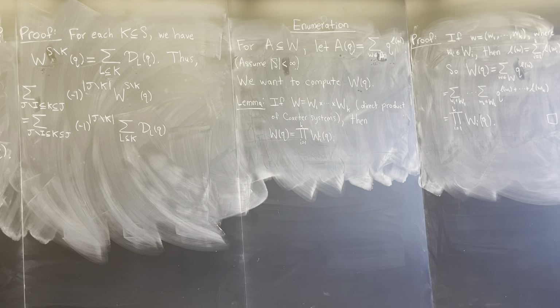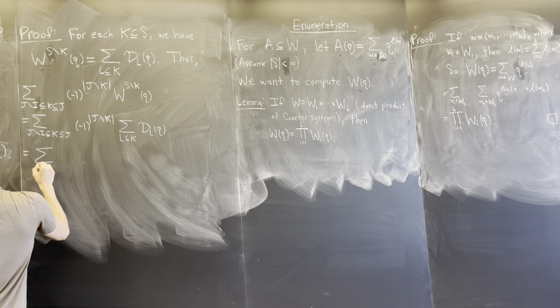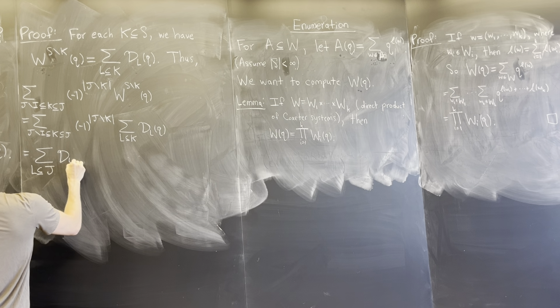And now I can rearrange the sum. So instead of summing over all K and then summing over all L, I'm going to say, well, this is the same as taking my sum over all L contained in J, and I'll take the d_L of q.